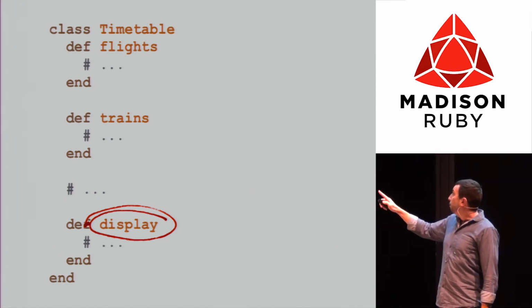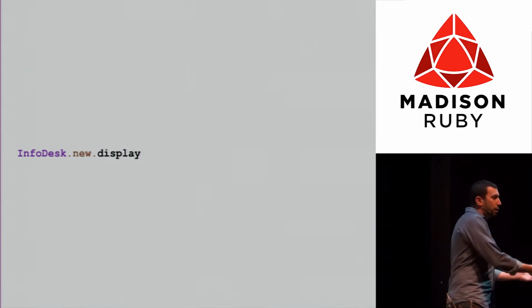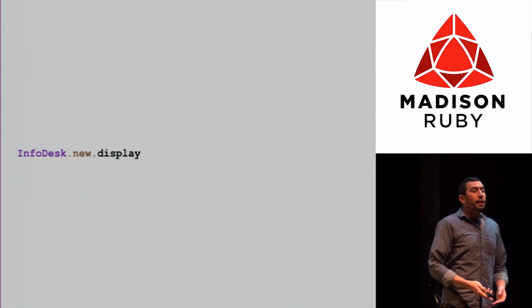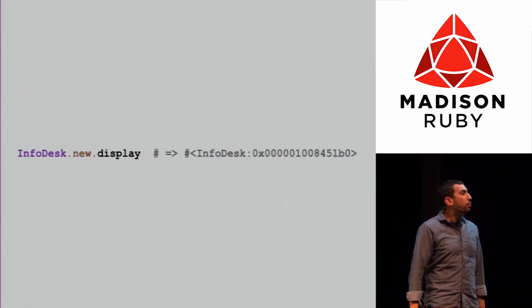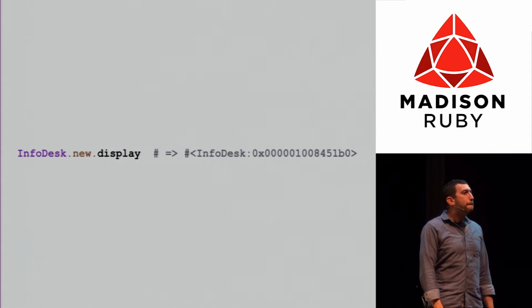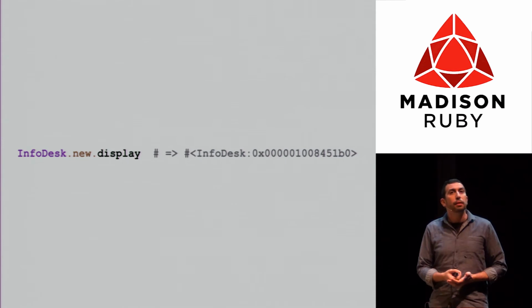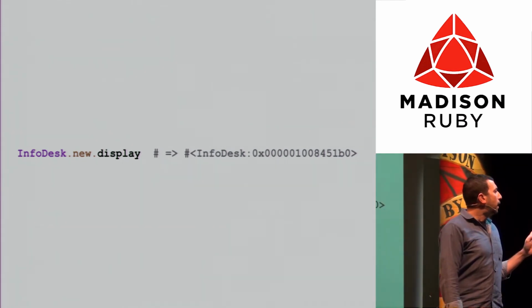So you expect that if you call display on the info desk, it will turn around and call display on the timetable, right? And actually it doesn't happen. You get a quirky string, which seems to be the string representation of the info desk object itself. Anybody knows why this happens?